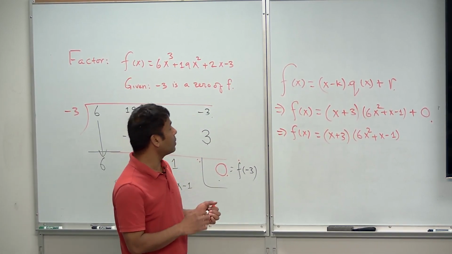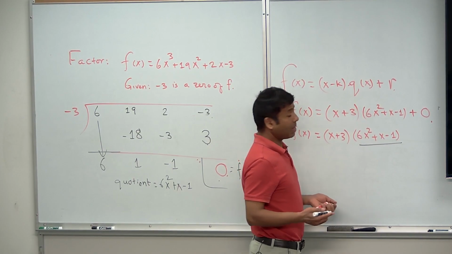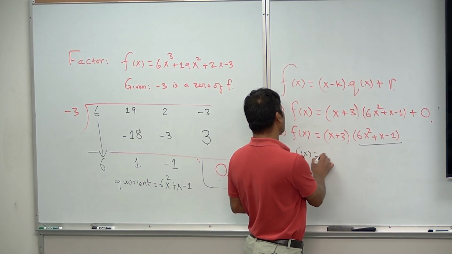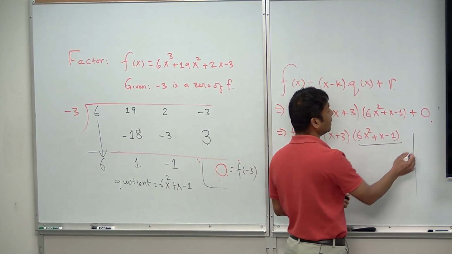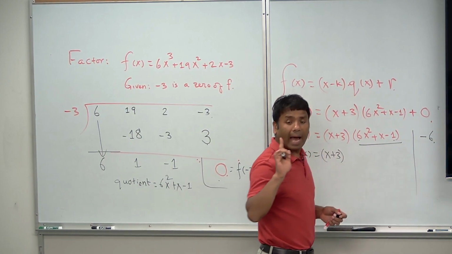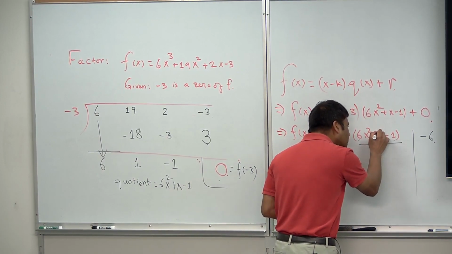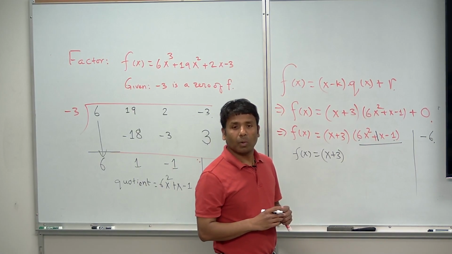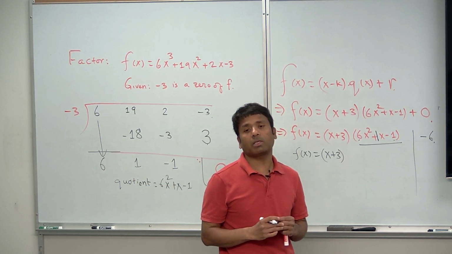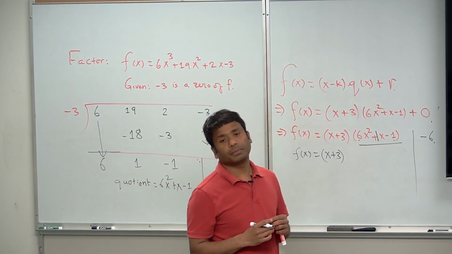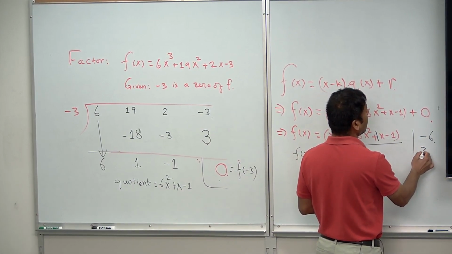Now this is a quadratic, and you know how to factor it. 6 times negative 1 is negative 6. What are the factors of negative 6 such that the sum is positive 1? 3 and negative 2.